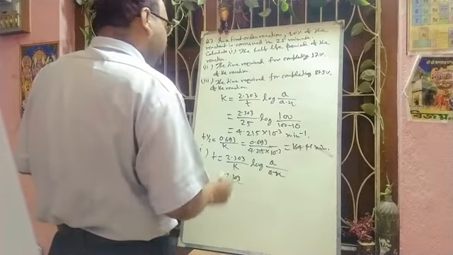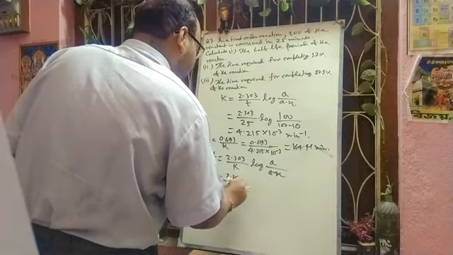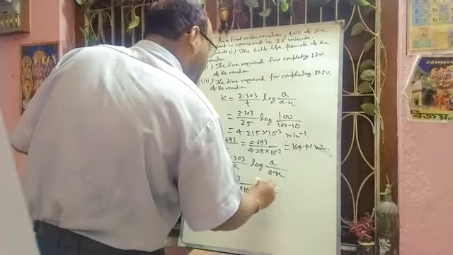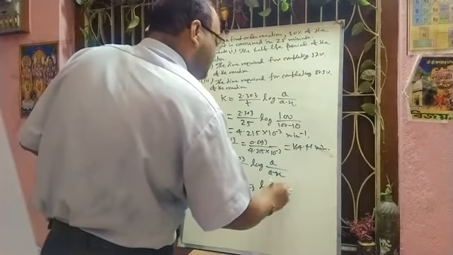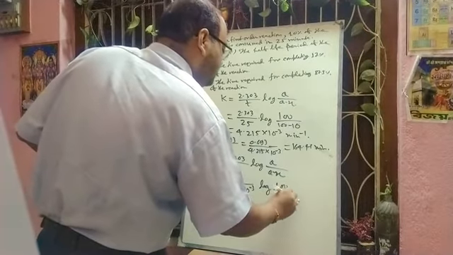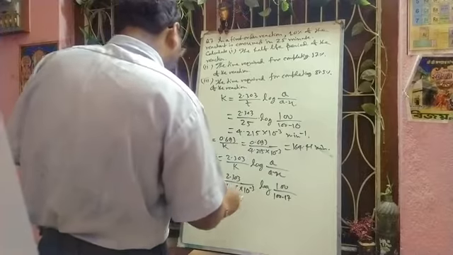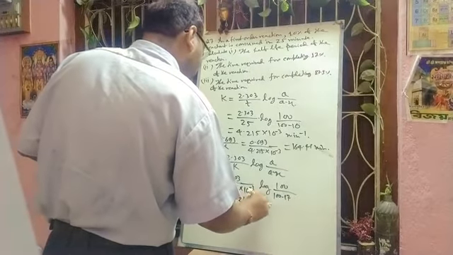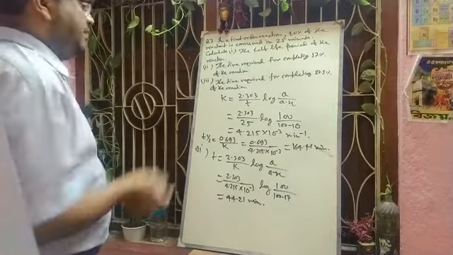What is the value of k here? 4.215 into 10 to the power minus 3, log 100 by 30, that is 100 minus 70. So from here you will get the value 44.21 minutes. That will be the answer of the second question.